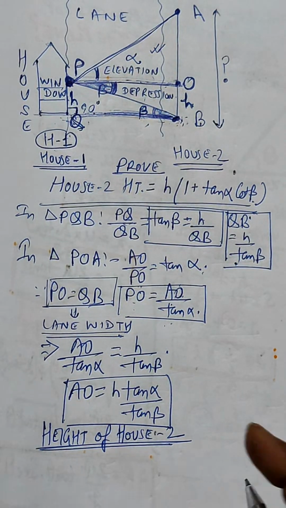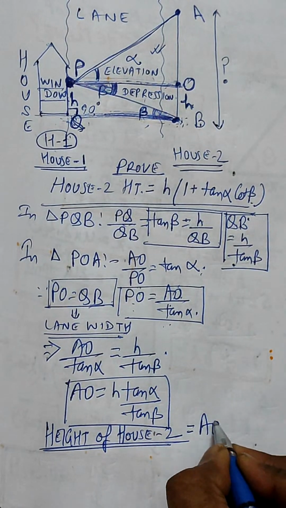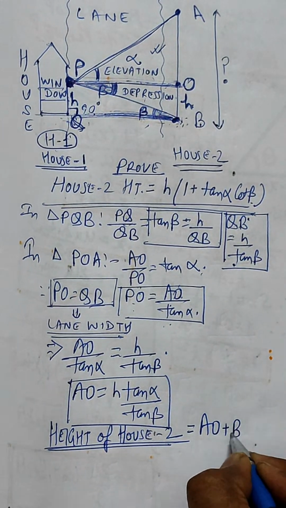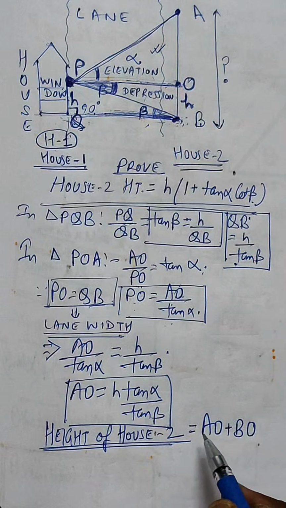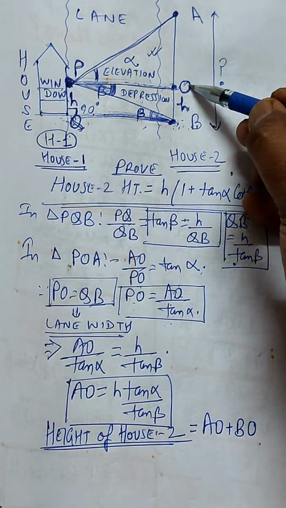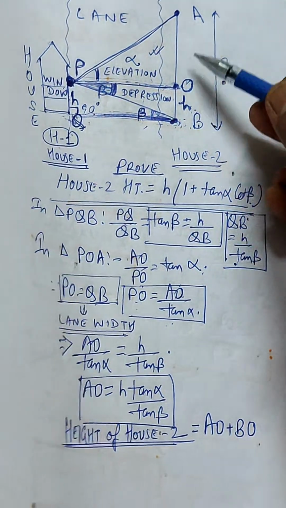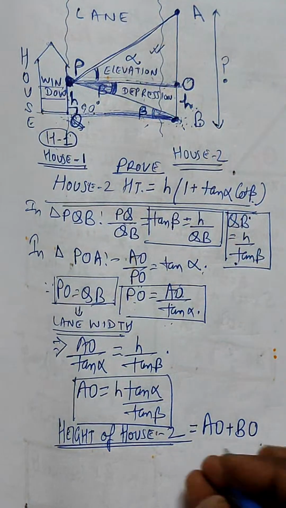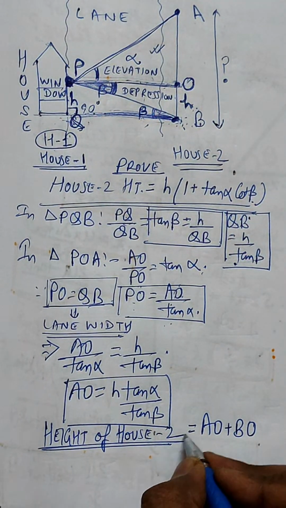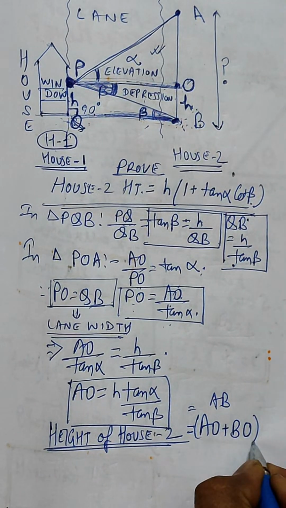The height of house 2 is calculated as AO plus BO, isn't it? This is AO and this is BO, both of these need to be added to calculate the height of A to B, right? So the height of house 2 is basically AB, which is AO plus BO.